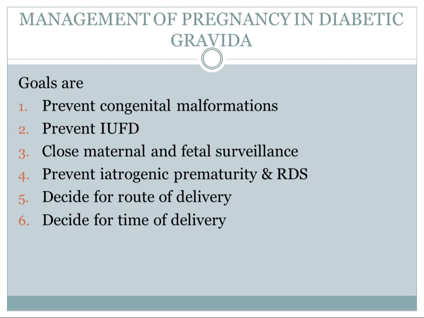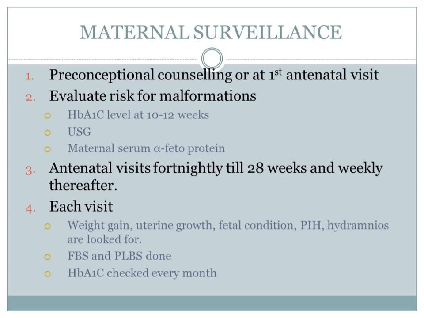And you have to decide the route of delivery, whether vaginal delivery or cesarean section, and when you are going to deliver. Are you going to wait till term, or deliver before the patient reaches term? All this comes under obstetric management.